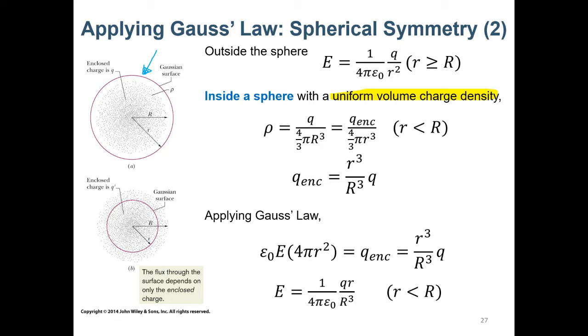Suppose the volume charge density is rho, and Q is the total charge distributed on the sphere. The volume of a sphere is 4/3 pi r cubed.